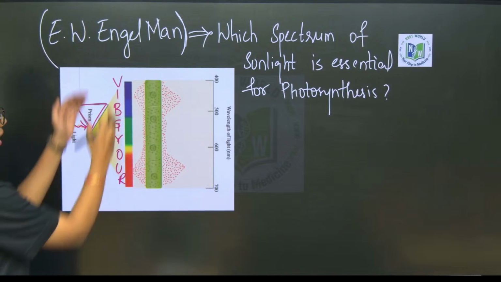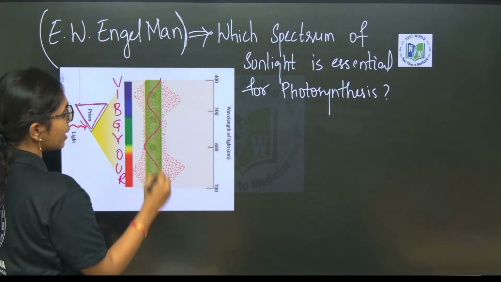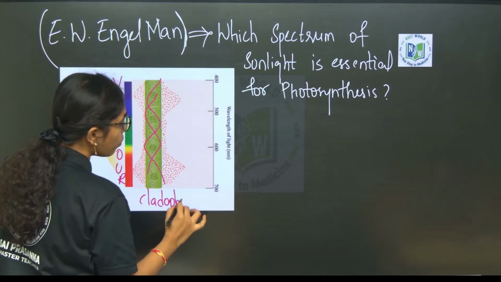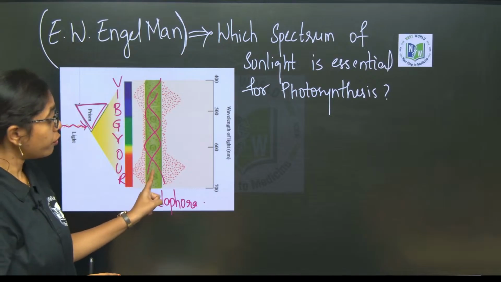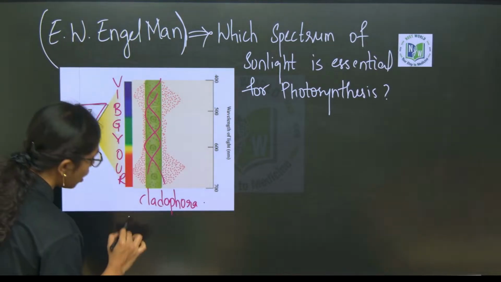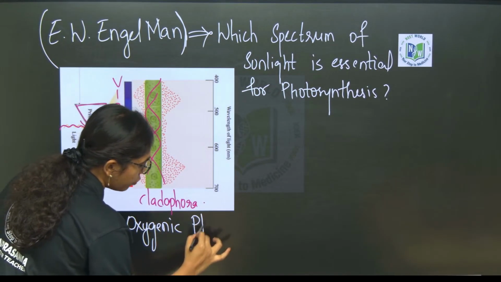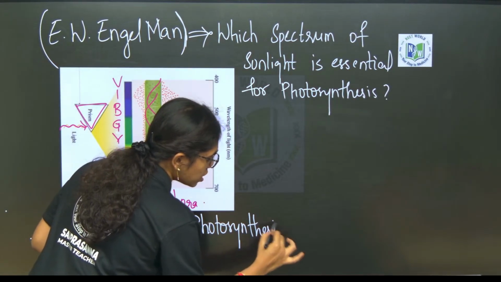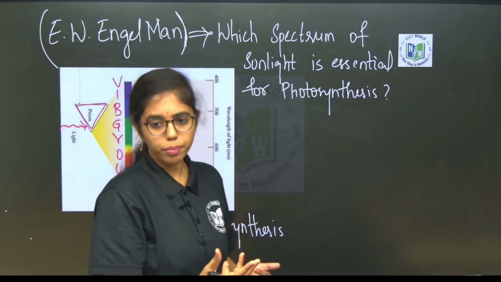This scattered light is exposed to a filamentous green alga, that is Cladophora. So, here what is the model organism? Cladophora. Of course, Cladophora is a filamentous green alga. It is conducting what type of photosynthesis, ma'am? Oxygenic photosynthesis. When it is conducting oxygenic photosynthesis, it will release oxygen as a byproduct, right?